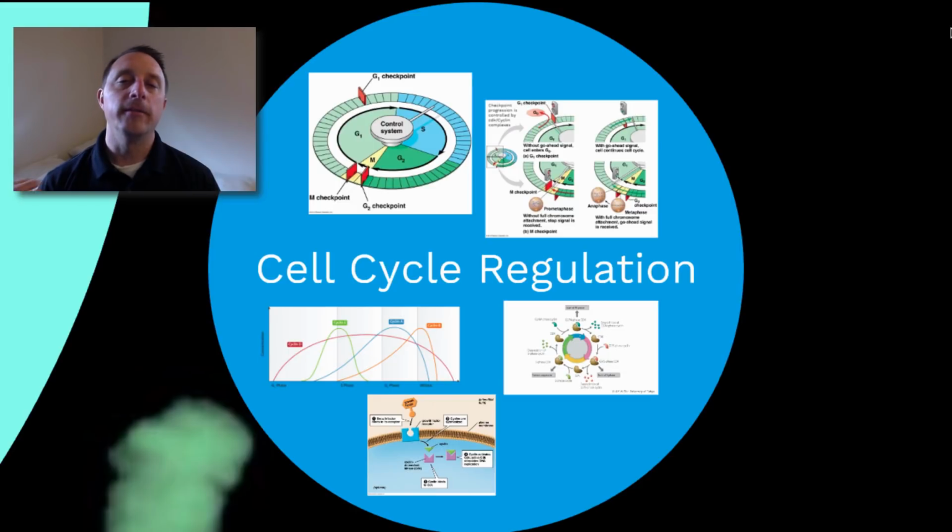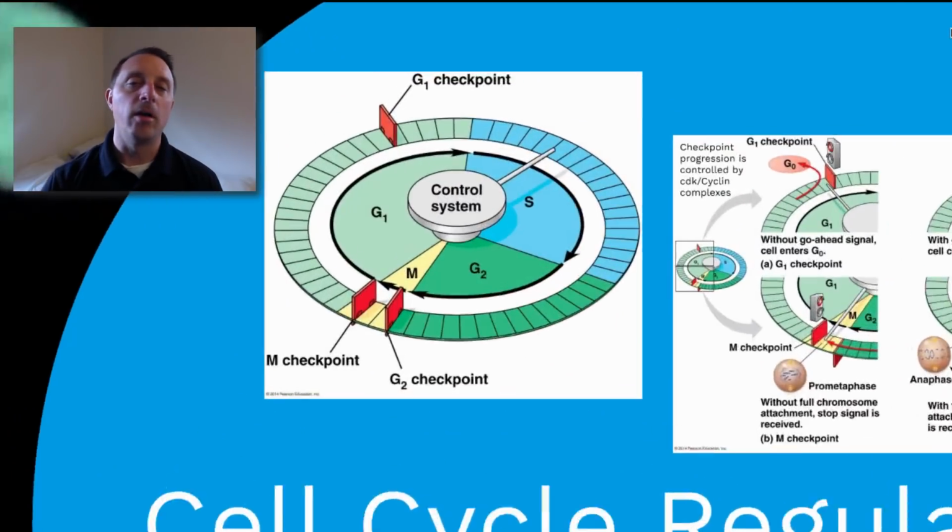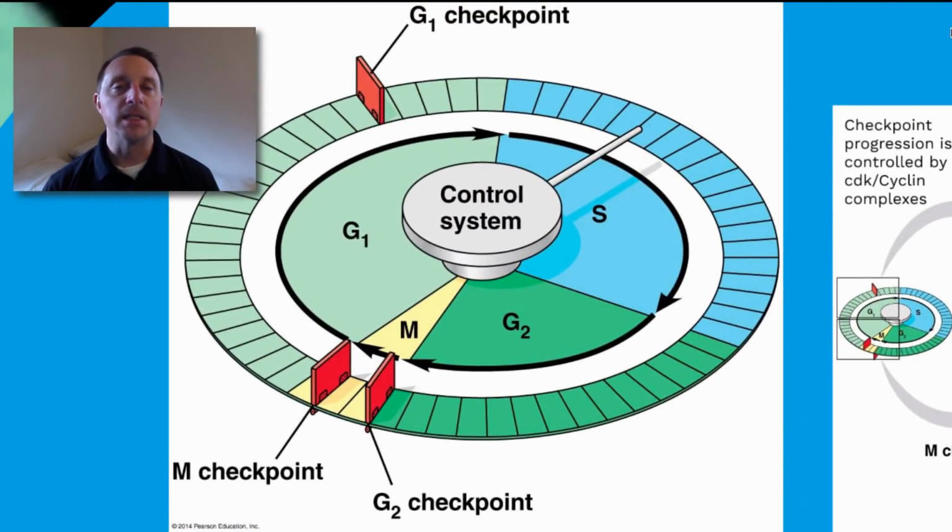Okay, the final topic is, how is the cell cycle regulated? Okay, the cell division needs to happen only when it is needed, and it needs to stop at the correct time. So there are these checkpoints as the cell goes through the cycle. And if the cell successfully meets these checkpoints, then the cell can move on to the next stage.